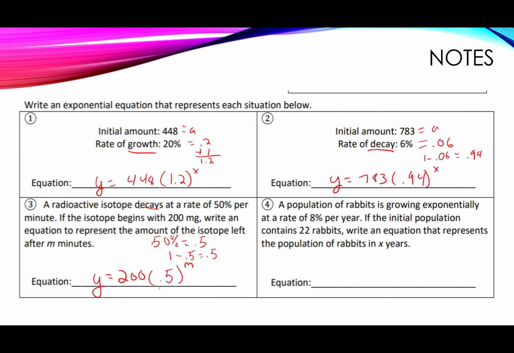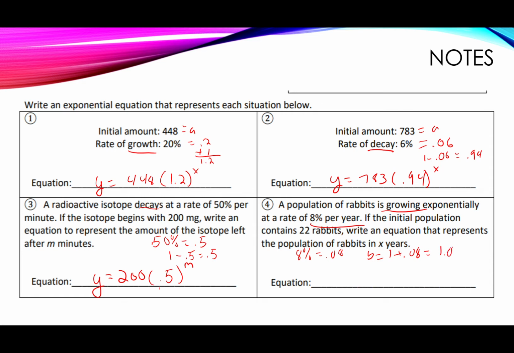A population of rabbits is growing exponentially. Look at that word, growing. So here it's going to be above 1, at a rate of 8% per year. Well, 8% is going to equal 0.08, and so my base is going to be 1 plus 0.08.